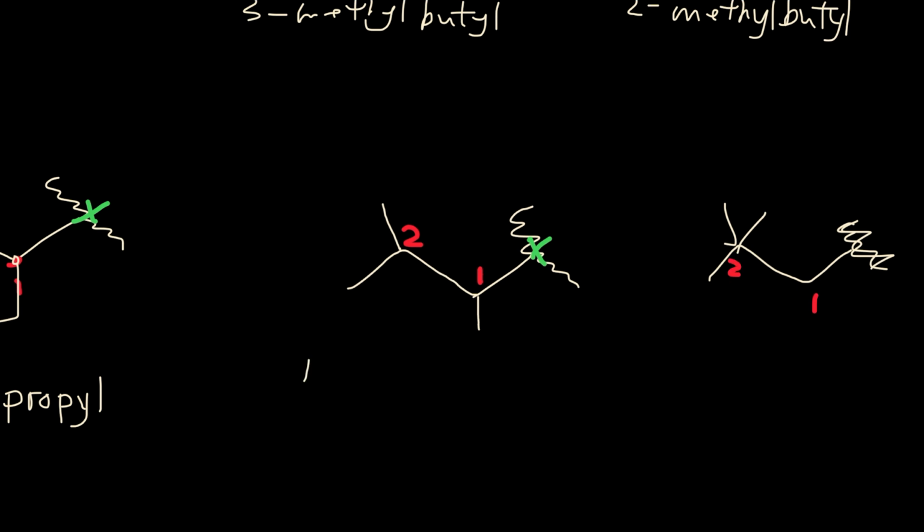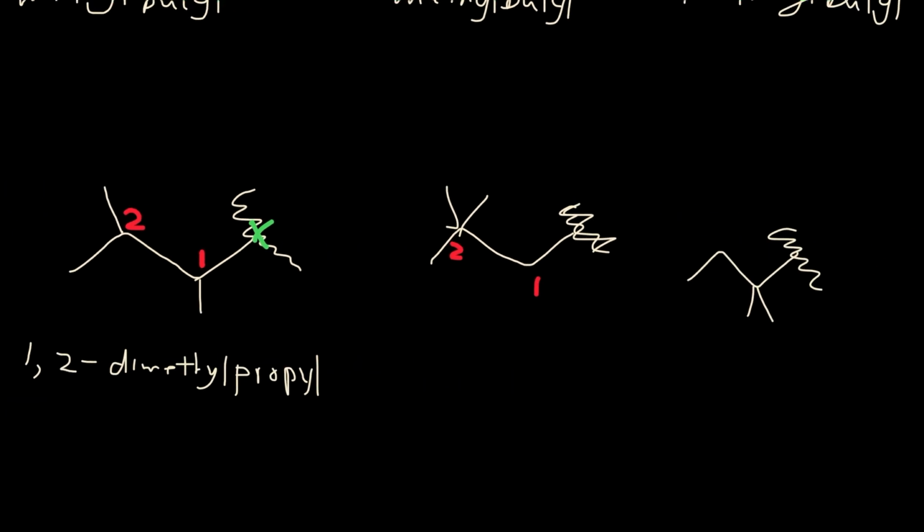So this is 1,2-dimethyl propyl. This is 2,2-dimethyl propyl.